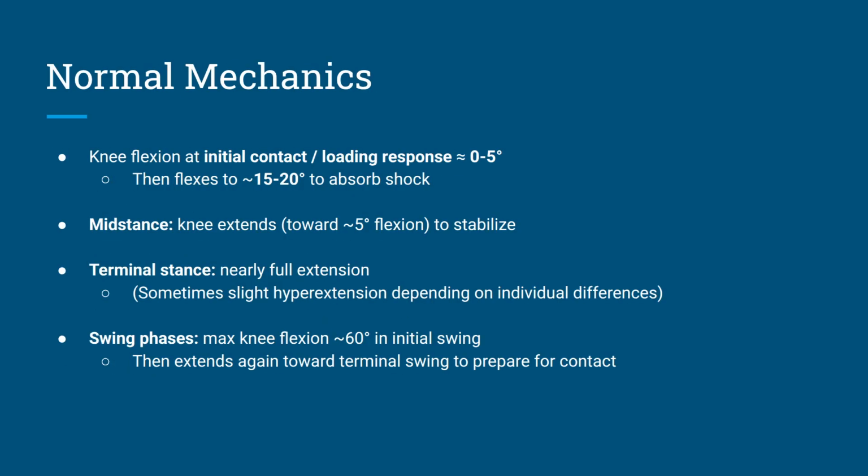Let's start with normal mechanics, because if you don't know normal, you can't identify abnormal. At initial contact, the knee is typically at 0 to 5 degrees of flexion. Some people will look almost fully extended.